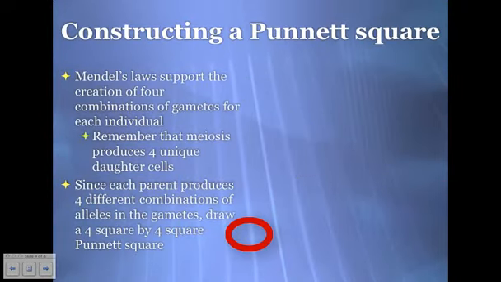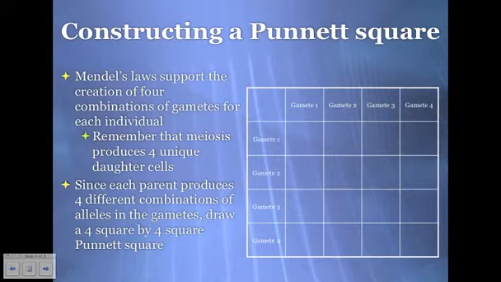When you're constructing your Punnett square, this is the second step. Remember that you would need to have one space for every individual unique gamete. If we consider the cross where the parents are both heterozygous for both traits, that's the only time that you would need to use a square that is 4x4 with 16 boxes.